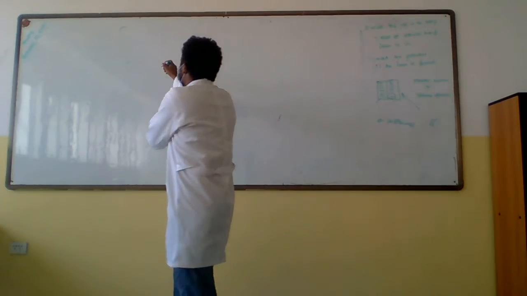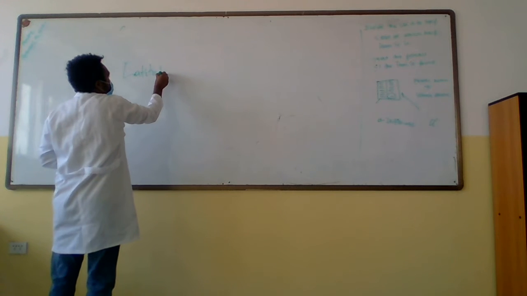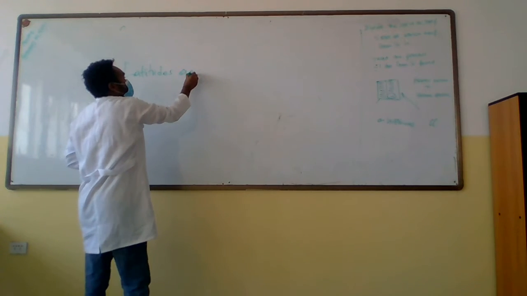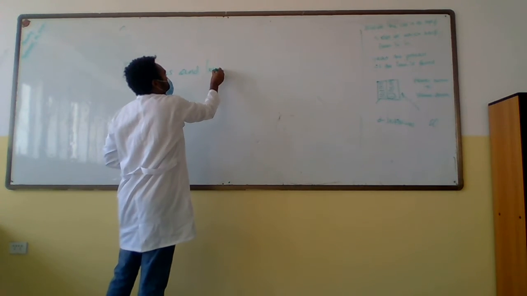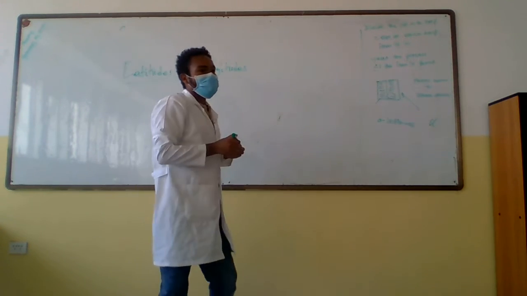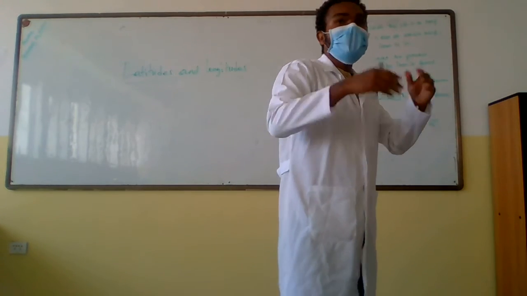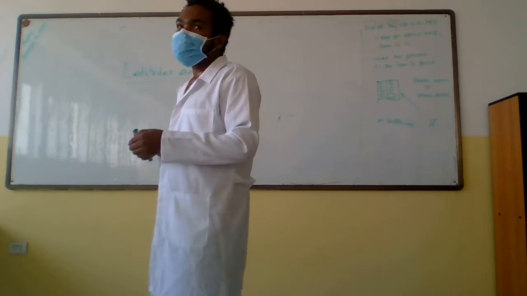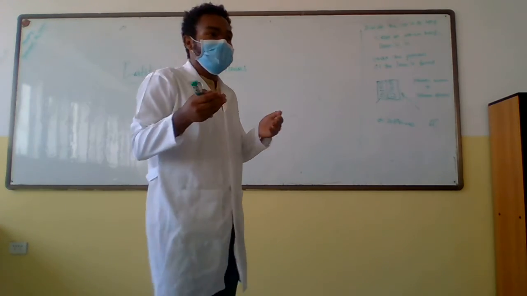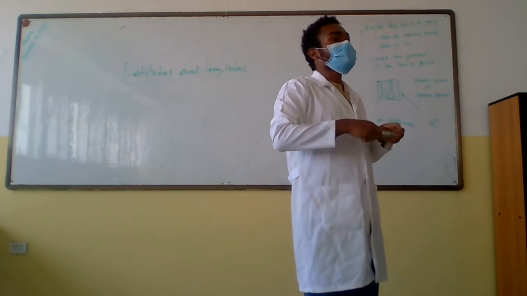Okay, today's lesson is about latitudes and longitudes. These latitudes and longitudes are imaginary lines. What do we mean by imaginary lines? When we say they are imaginary lines, what does it mean?